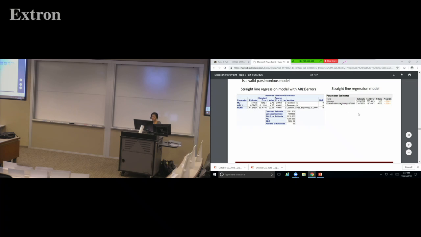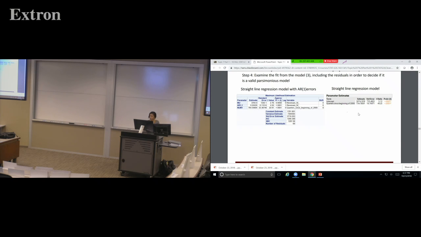But as I said, ordinary least squares numbers are not good estimates of the standard errors specifically. You see the standard error for the straight line regression is 18.76. You see the standard error for the beta 1 from this straight line regression model with AR1 errors is 33.36.